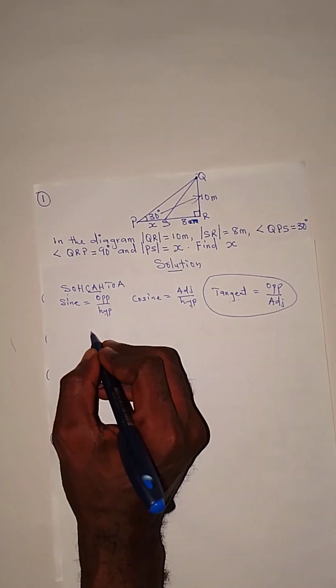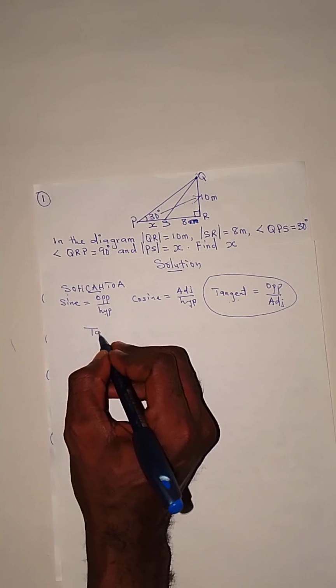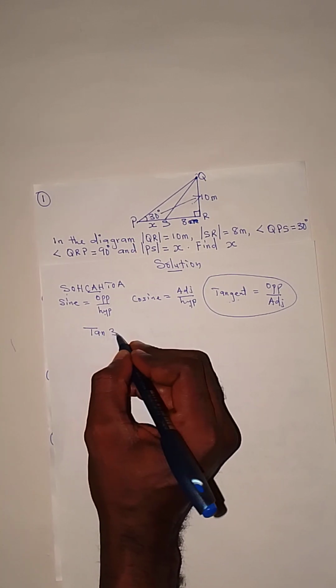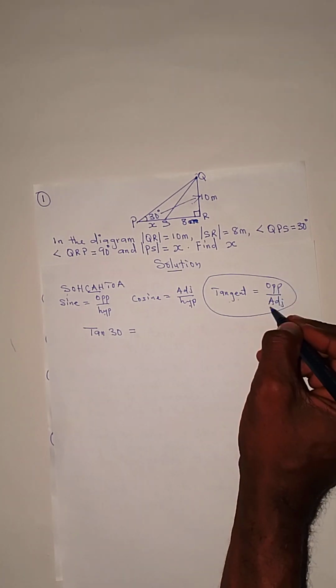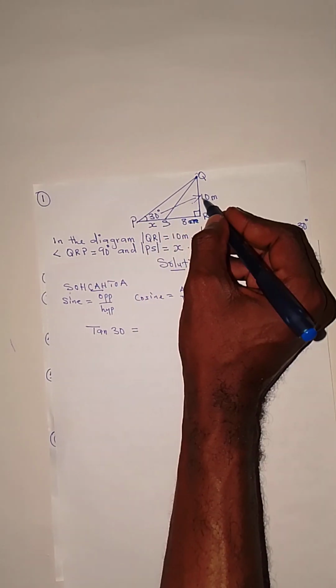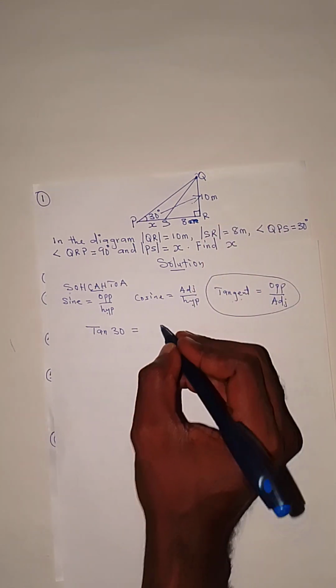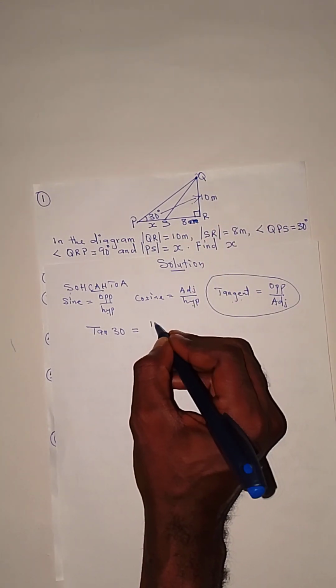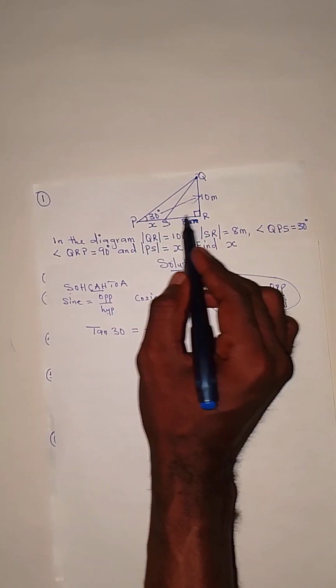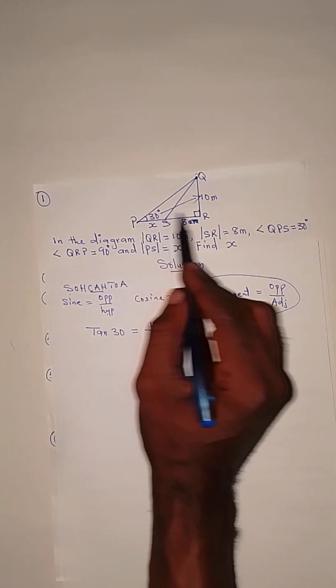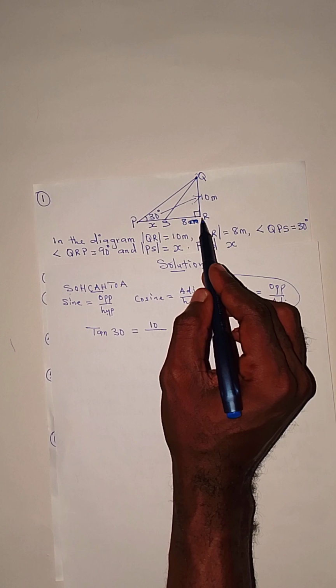So that 30 degrees now, we are going to take it to be tan 30, which is equal to opposite all over adjacent. So this is the opposite. The opposite is 10 meters. So we can say 10 all over. Now this is the adjacent. From P to R is the adjacent.